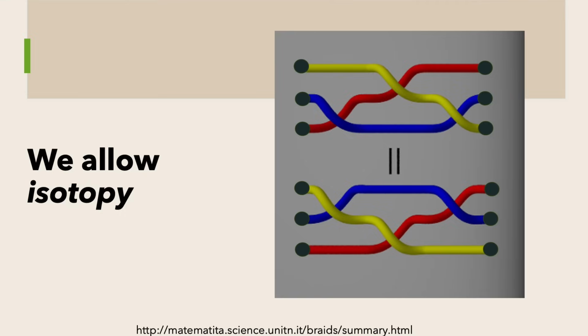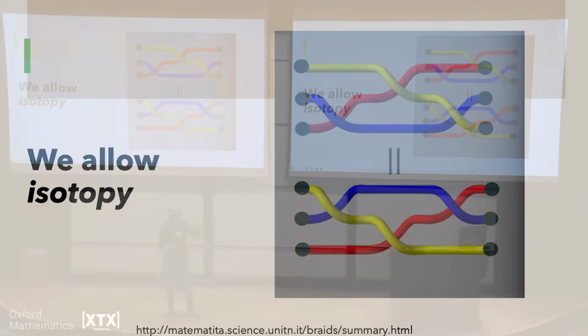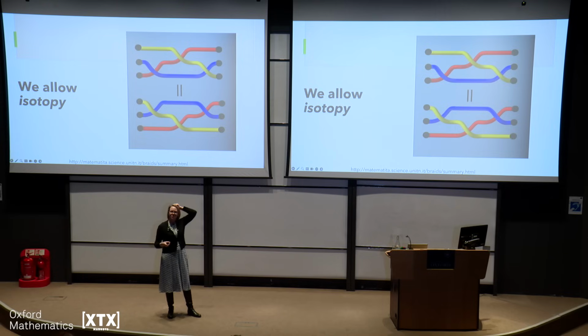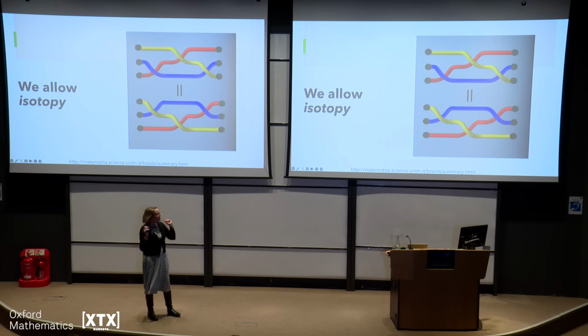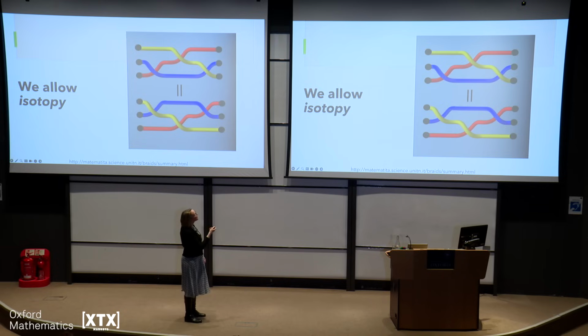Just like your hair can slide around, if you have your hair braided, it might not stay perfectly neat, but roughly the same over-under patterns are going to stay put, okay? But also your hair is not going to come detached from your scalp, right? Well, at least we hope not. Or maybe that's what you want, you do you, right? But this is recorded mathematically by the fact that we fix the endpoints.